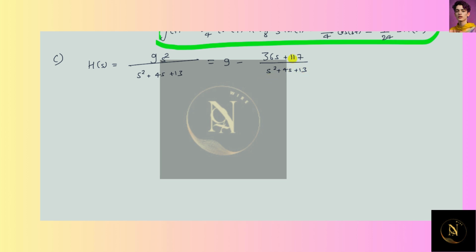Now we can separate this into two parts: 9 − 36(s + 2)/((s + 2)² + 3²) − 15·3/((s + 2)² + 3²).